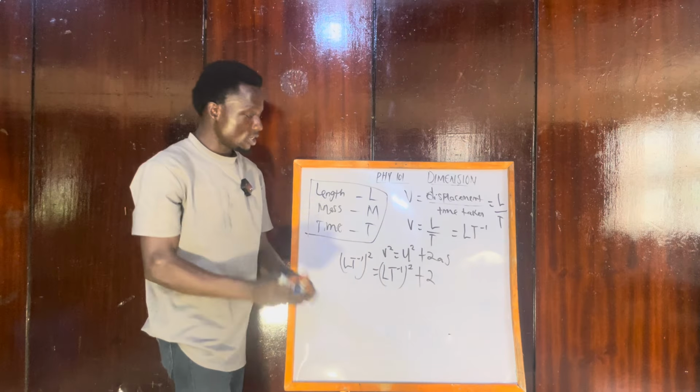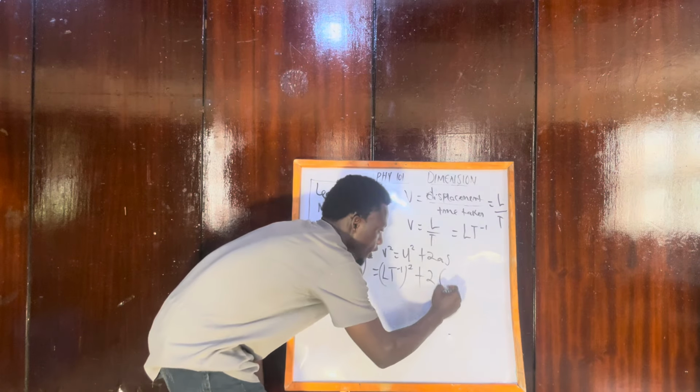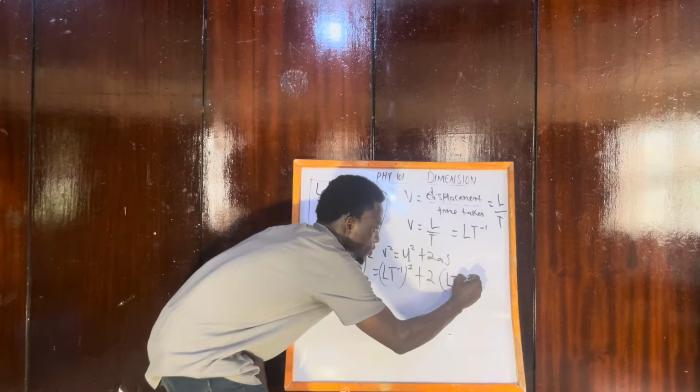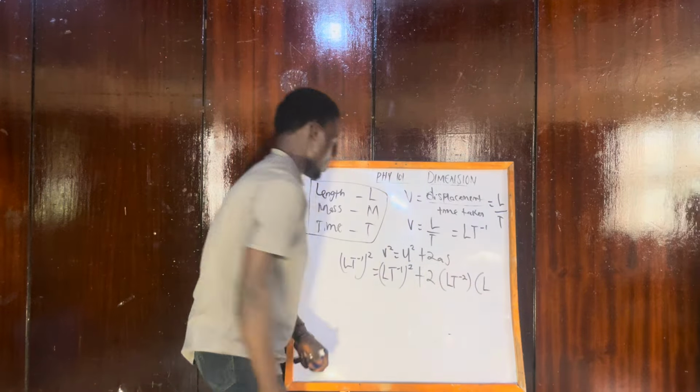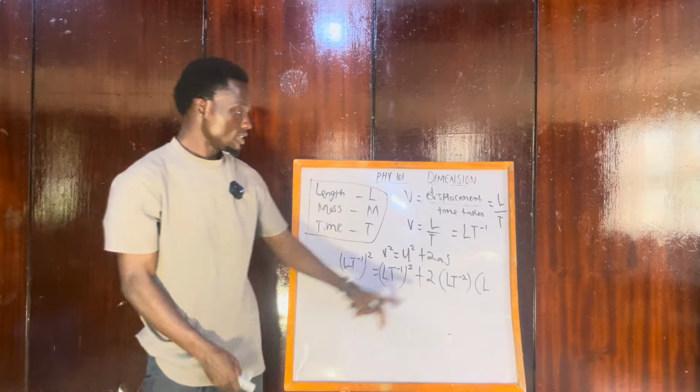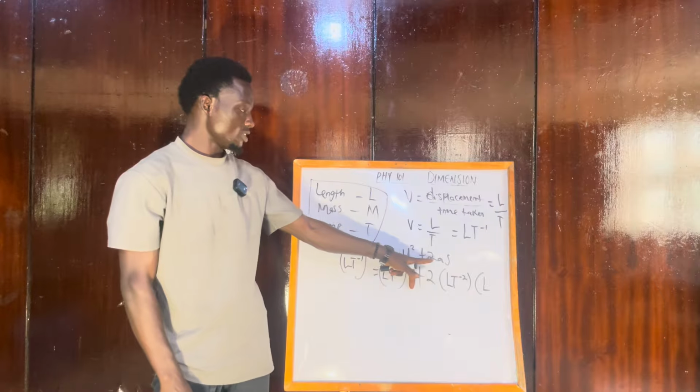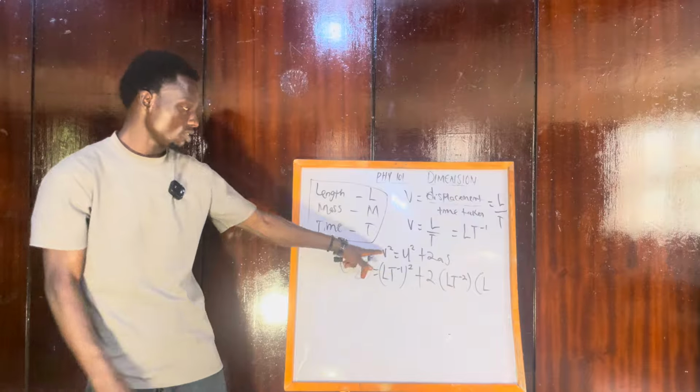This a is acceleration, and acceleration is LT minus 2. And s is what? L. Are we together? s is distance, a is acceleration, and this is velocity, and this is also velocity.